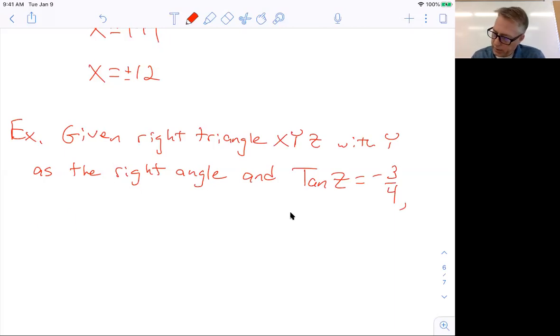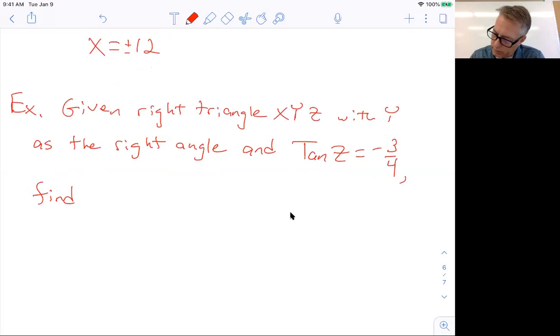We want to find, what did we find last time? Did we find the sine? Let's do the cosine then. Let's find the cosine of Z if Z terminates in the second quadrant.